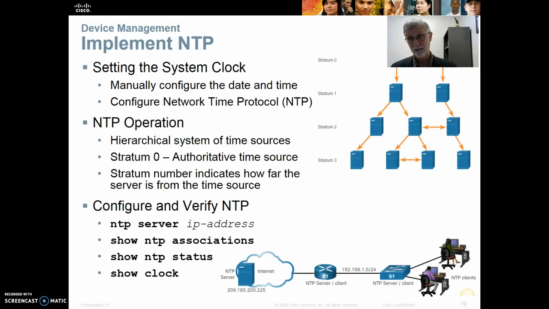Now, you can set up your devices as a Network Time Protocol server just by saying NTP server and giving it the IP address. Show who's associated, who's with me, what is the status of my clock, show the clock.